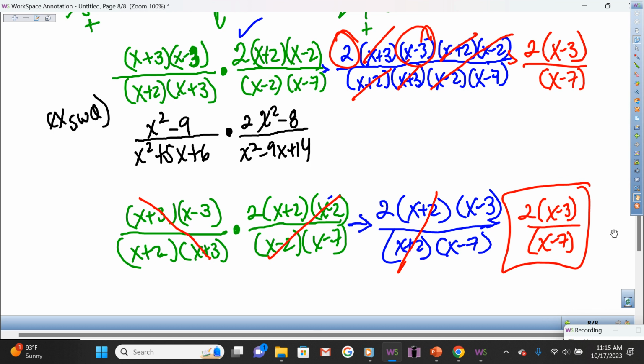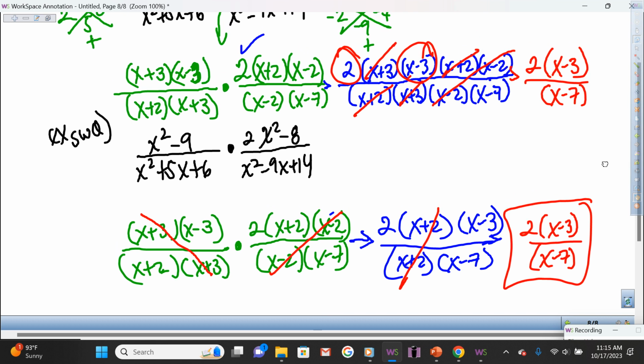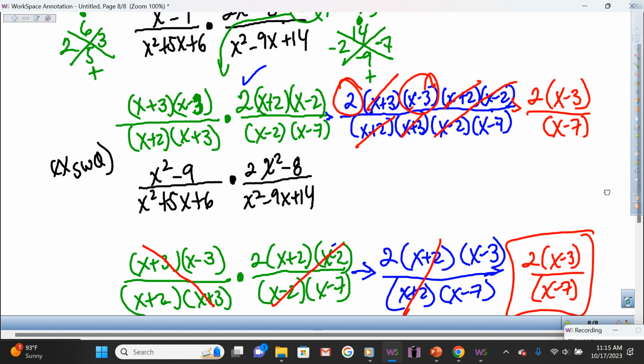Yeah. So here I'm going to give you guys a little bit more liberty to be simplifying as you go, and that only works for multiplication or division. Okay? So copy that, second method. And this just expedites the process a little bit more at times.